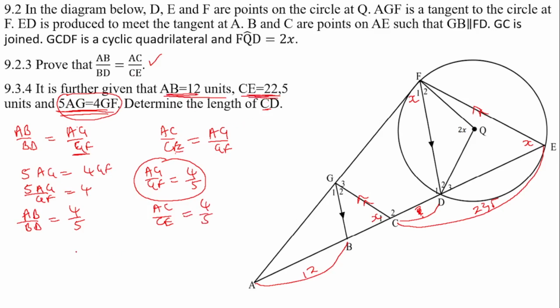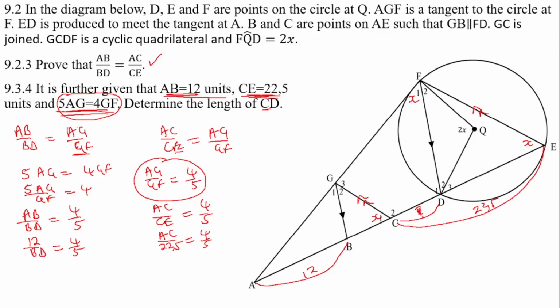Right, let's substitute what we're given here. So we have AB, which is 12, so 12 over BD is equal to 4 over 5, and AC over CE, which is 22.5, is equal to 4 over 5. We can find BD, we can find AC.